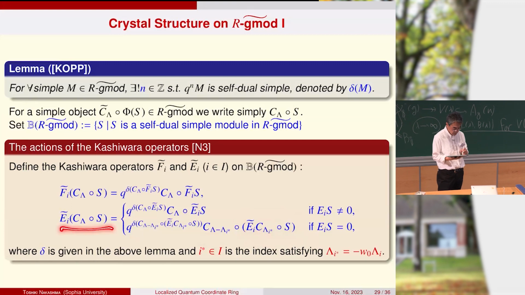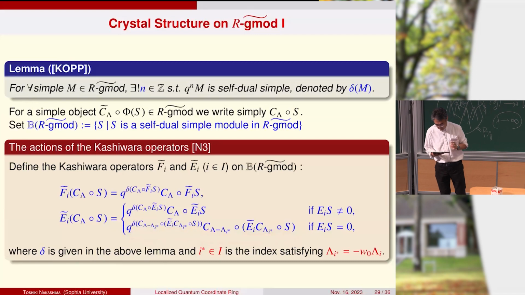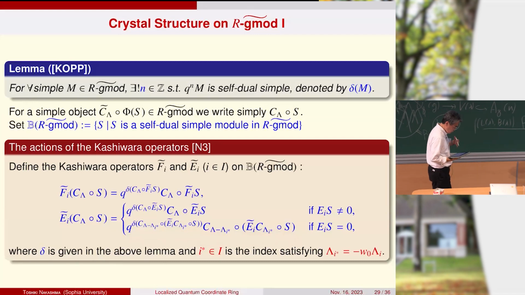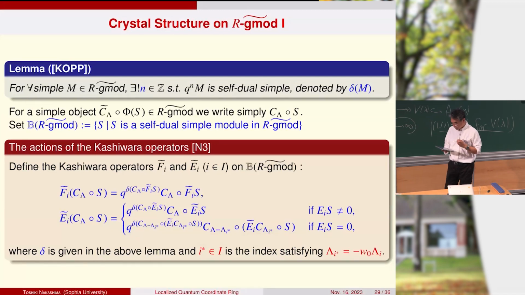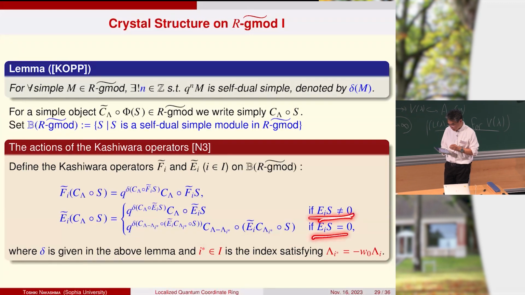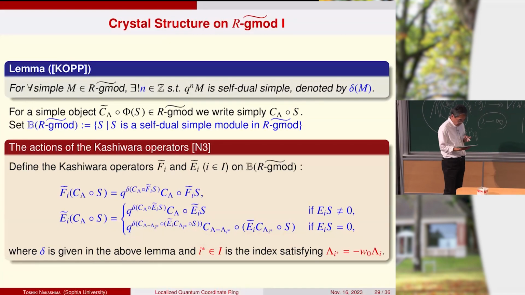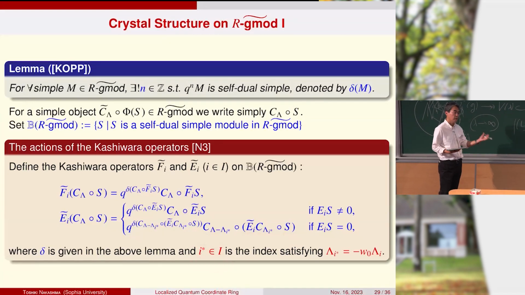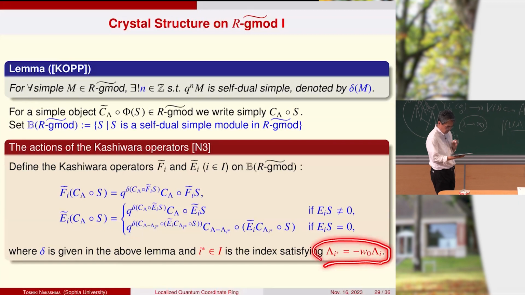This gives the action of ei tilde. So this part is different from the non-localized situation. Before localization, in this situation, it goes to zero. Okay. i star is the usual automorphism. i minus i star is defined like this.